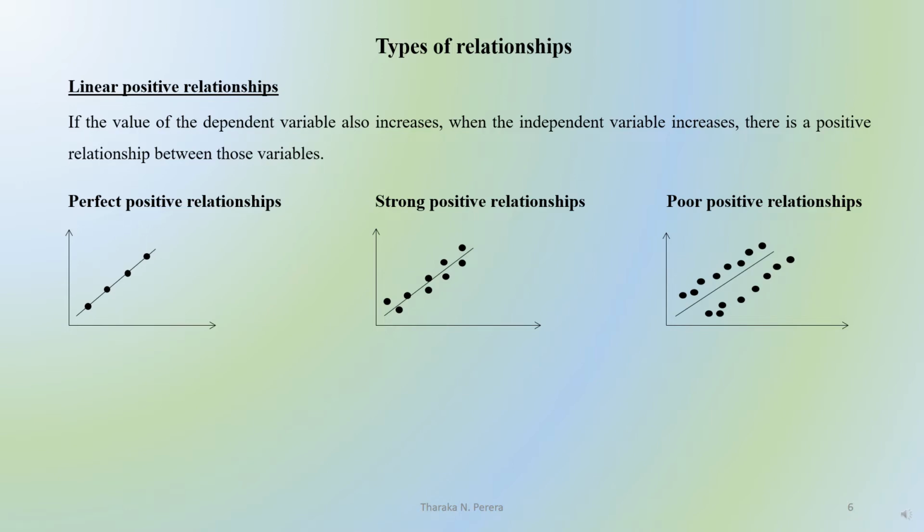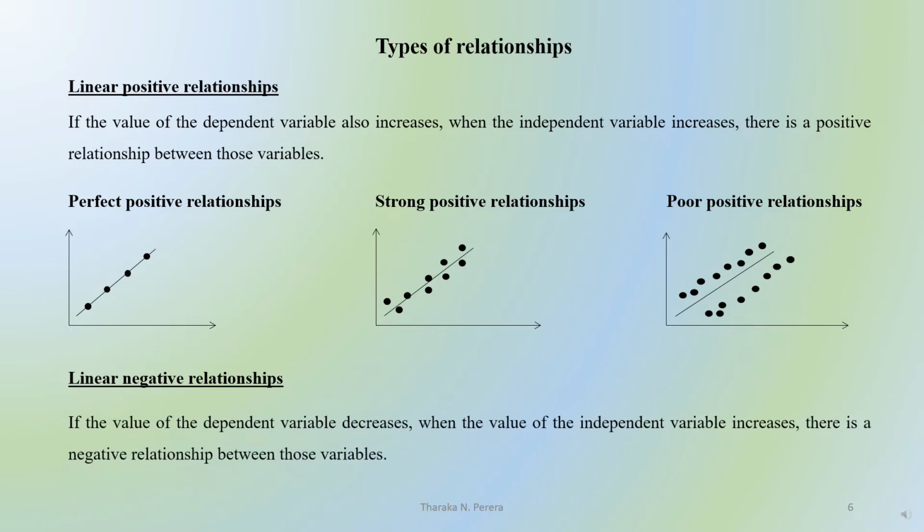The next type is the linear negative relationship. If the value of the dependent variable decreases when the value of the independent variable increases, or if the value of the dependent variable increases when the value of the independent variable decreases, there's a negative relationship between those variables.